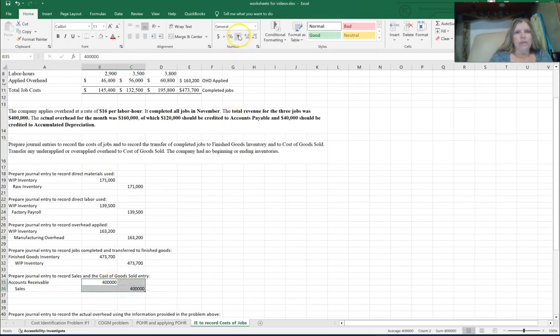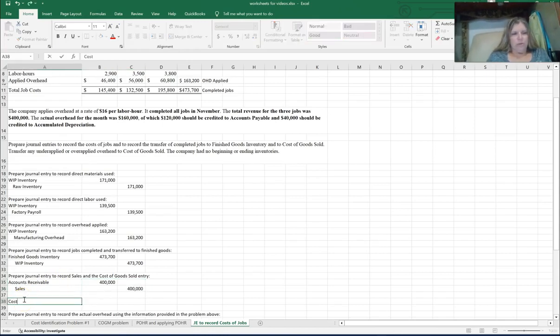Whenever we record a sales journal entry, you know we have to also take those goods out of our inventory, because now they're no longer ours, right? We've just sold them. So we have to take them out of our finished goods inventory and put them in cost of goods sold. So cost of goods sold is increased with the debit, and the finished goods inventory, since it's an asset, is decreased with a credit.